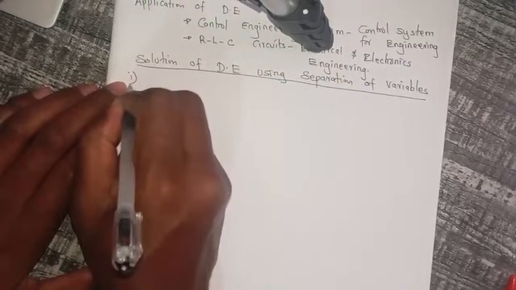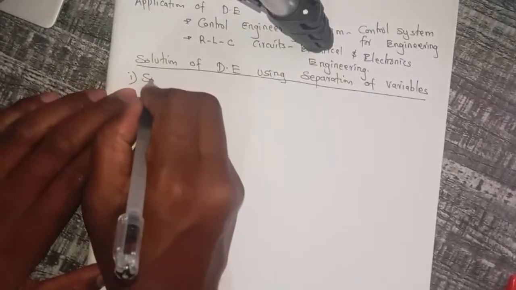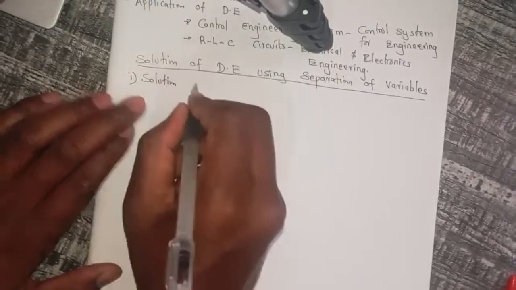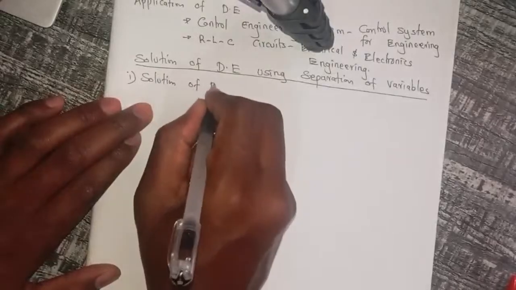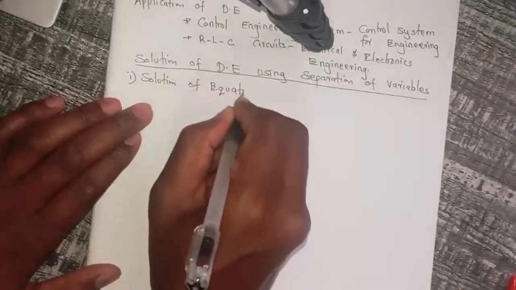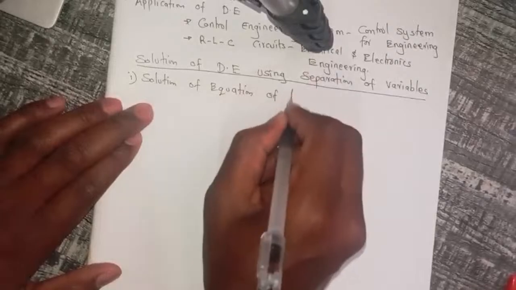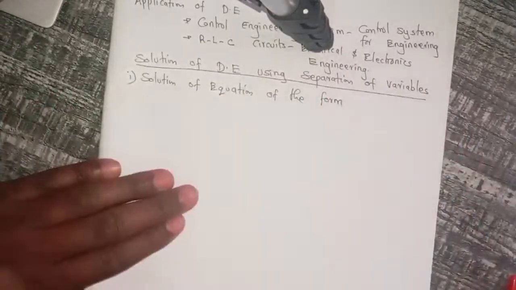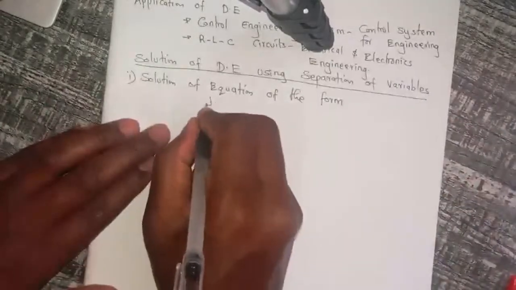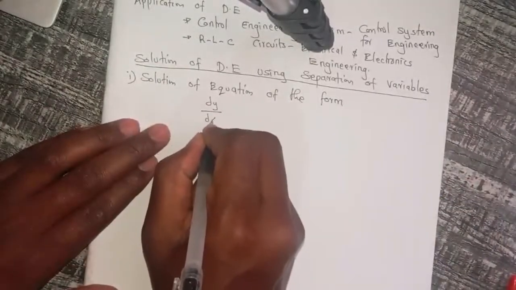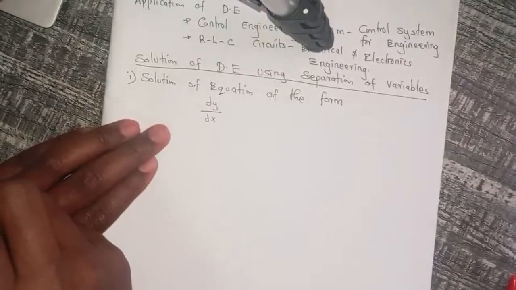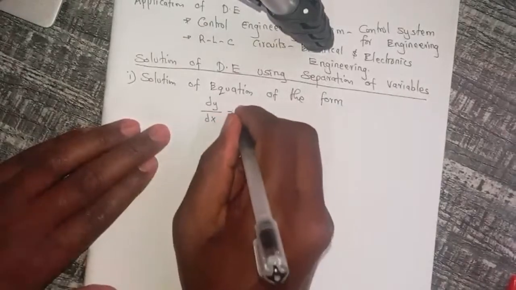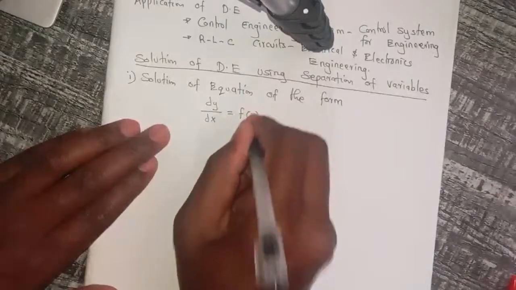Under this we'll have Roman 1, that is solution of equations of the form dy over dx equals f of x.